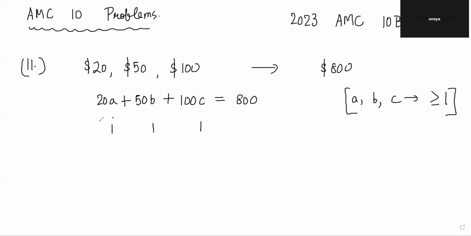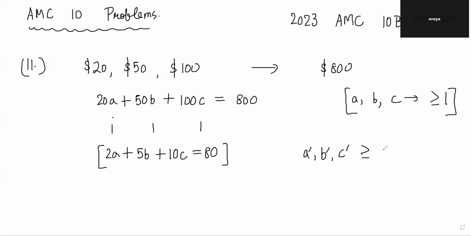Before we do that, first we can simplify it a little bit by dividing by 10 to make the equation slightly easier. The equation can become this, and then we can give 1 in each. So that means 2, 5, and 10 have already been given. So that will be 17, right? Your new equation would be, we'll create new variables a dash, b dash, c dash.